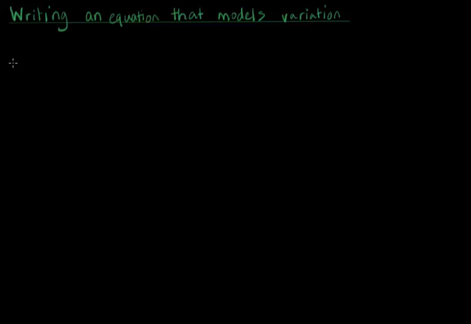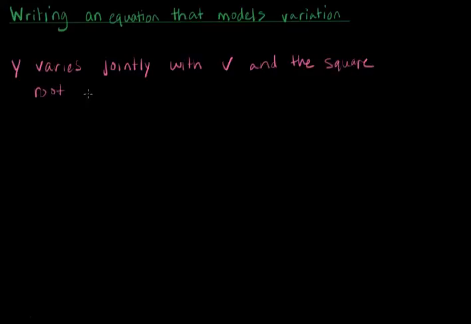Y varies jointly with V and the square root of x. Use K for the constant of proportionality.